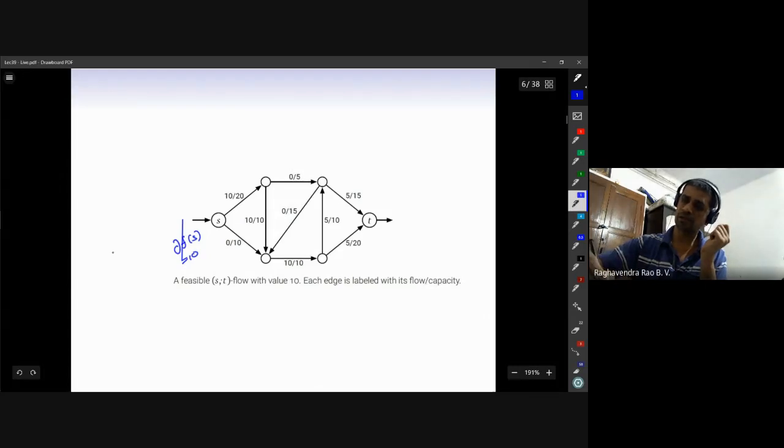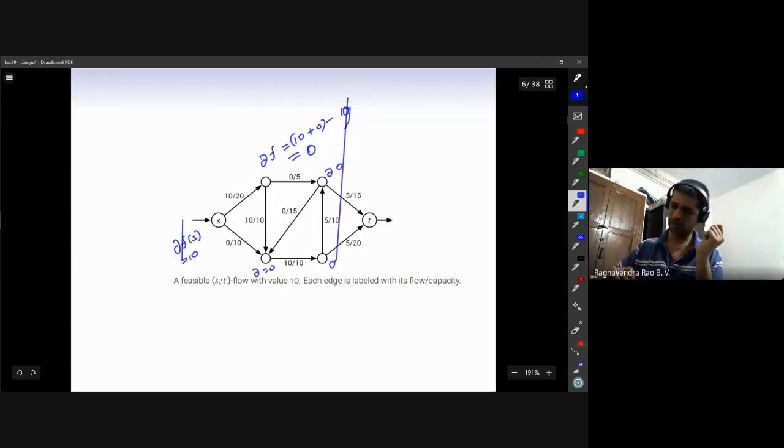So incoming is 10, outgoing is 10 plus 0 minus 10, which is 0. Similarly for the others, you can compute that these all have del value 0. I don't know how it is pronounced.